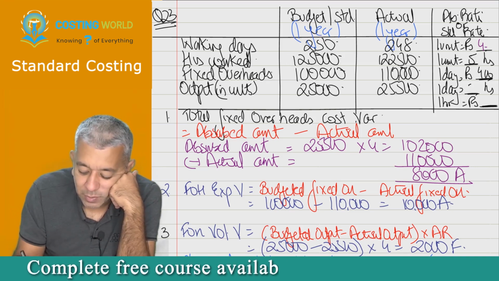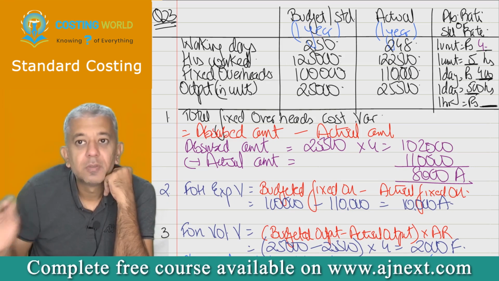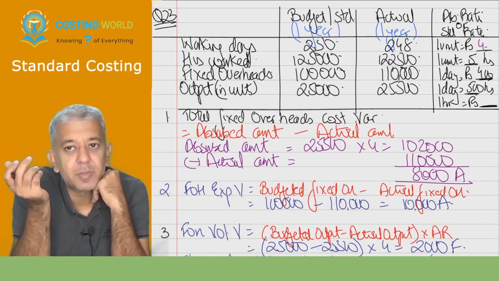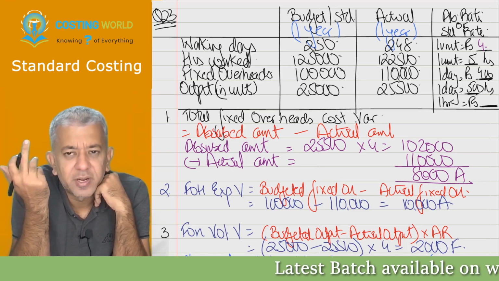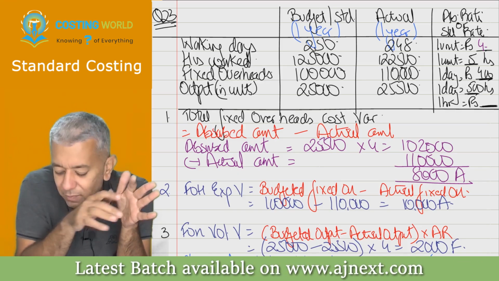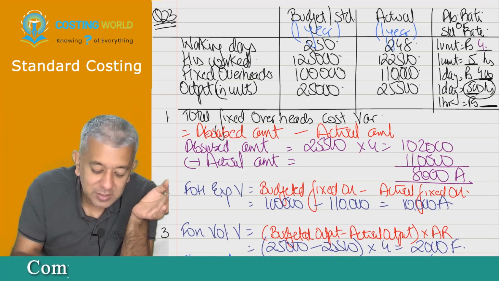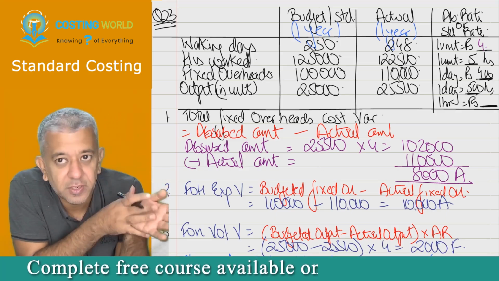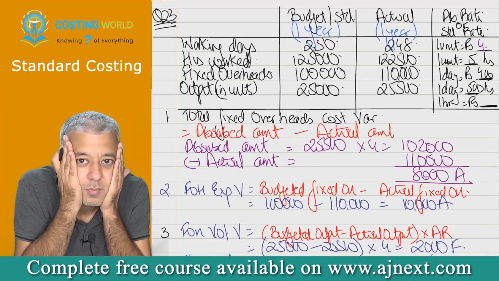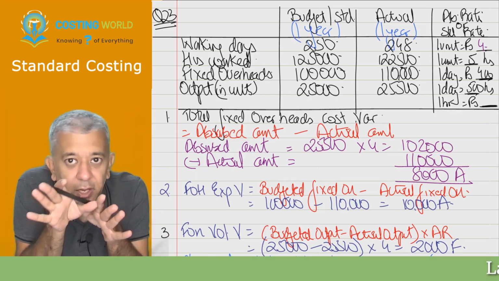You divide it, that will be 500. Now, somebody can be thinking, sir, how is 1 day 500 hours? We have only 24 hours on this earth. Beta, it can be 50 workers into 10 hours per worker. So that will make it 500 hours. There could be 1 lakh hours in a day also in costing.